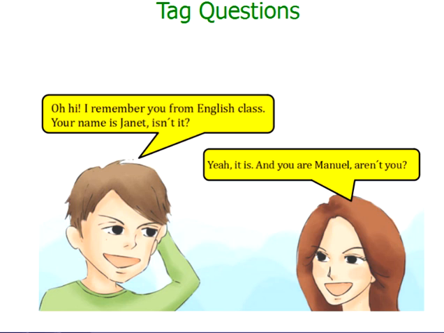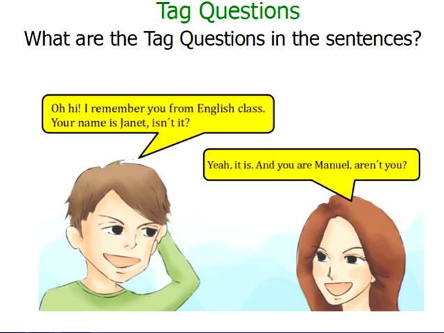So, in that conversation, we heard many different types of tag questions. Let's take an example from that conversation and try to identify exactly what the tag questions are in the sentences. To do this, let's first examine what a tag question is.